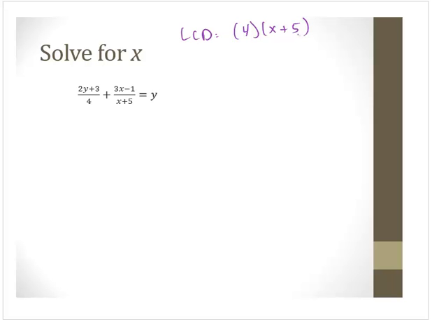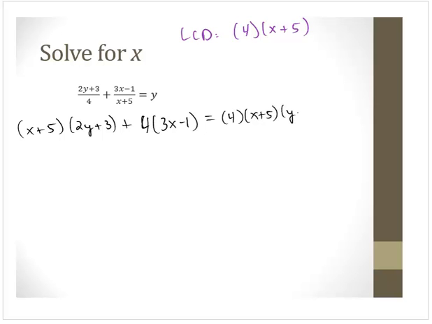Going through the distribution and careful removal of factors, I would have (x plus 5) times (2y plus 3) plus 4 times (3x minus 1) is equal to 4 times (x plus 5) times y.